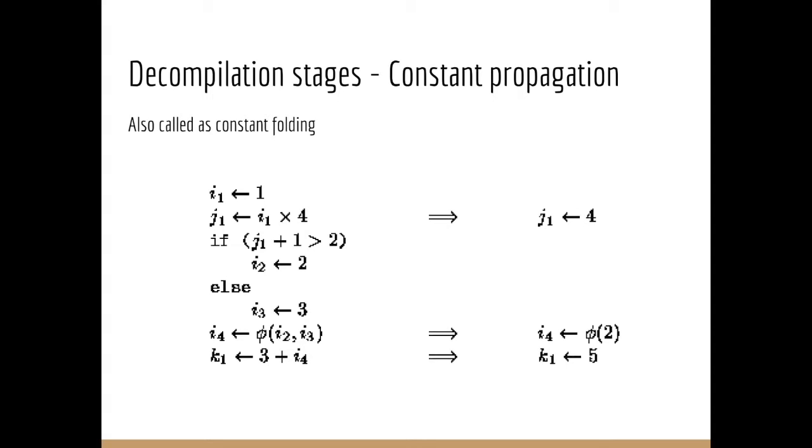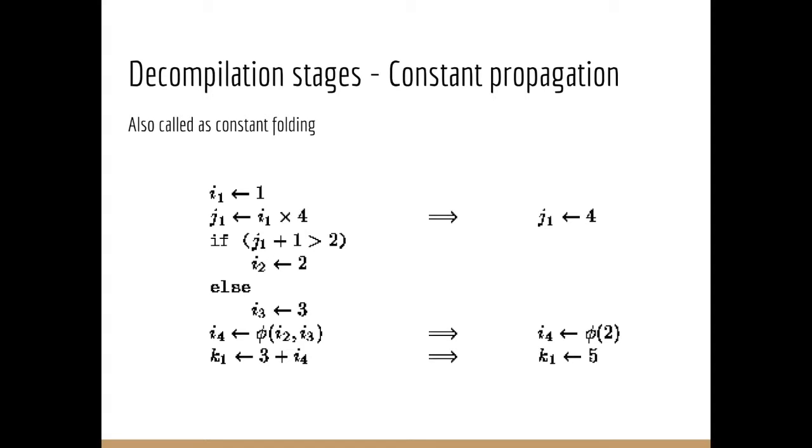We can see some representation of the program written in the SSA form before eliminating the condition. And here we can simplify the form because we can see that i first is just a constant value, and it's used in the later equation.